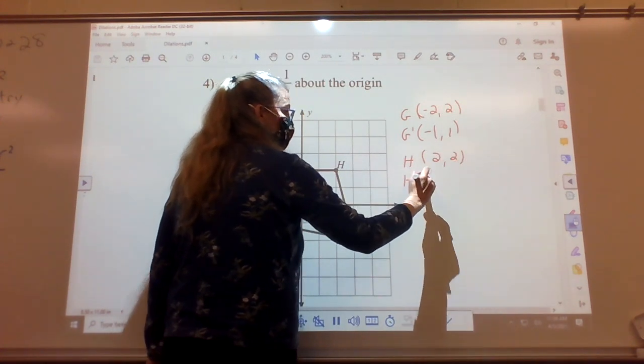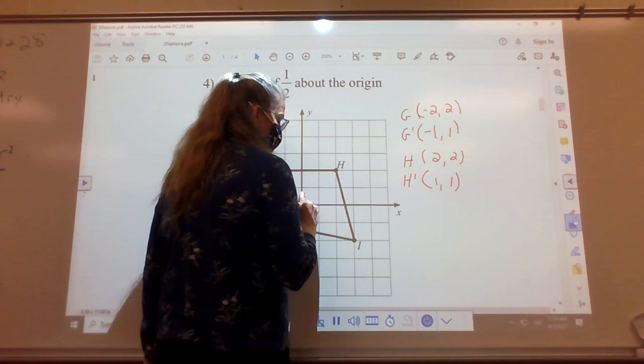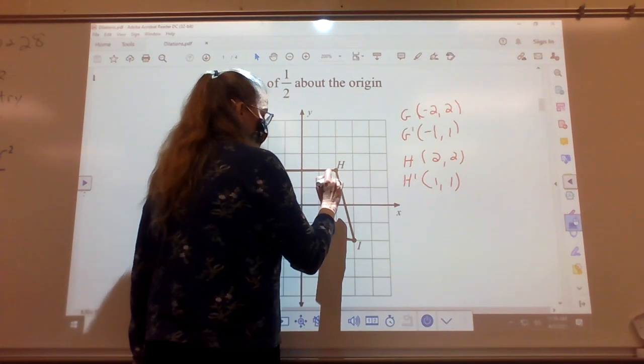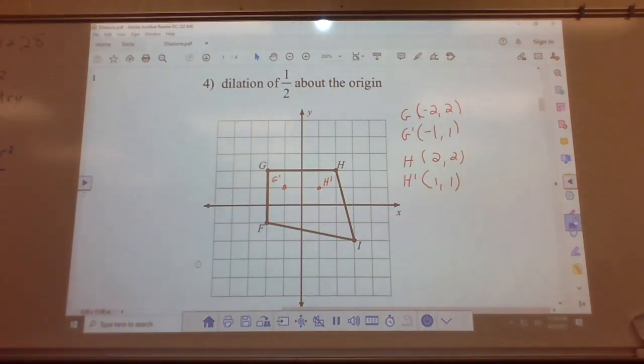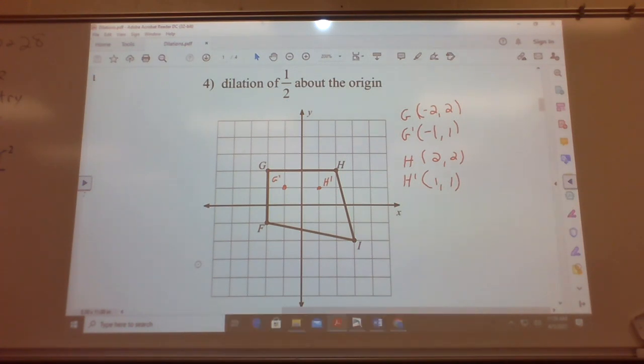Half of that is (1, 1). That's the new H. So those two are easy to get in there. Now the other two are a little bit tricky, but not nearly as tricky as that last one.